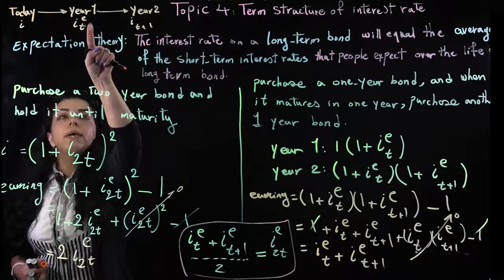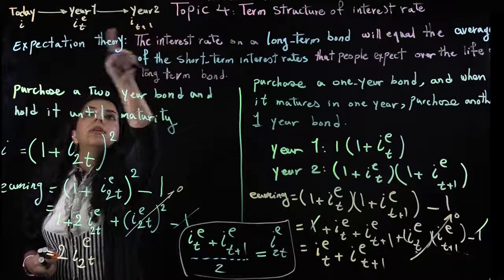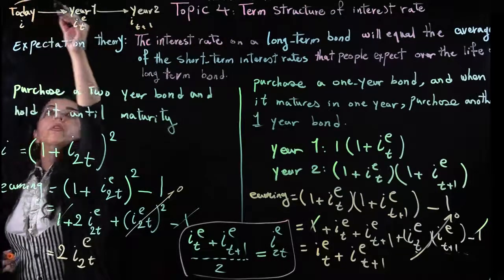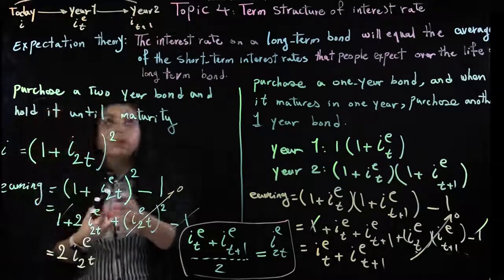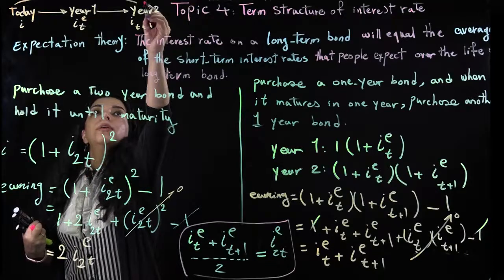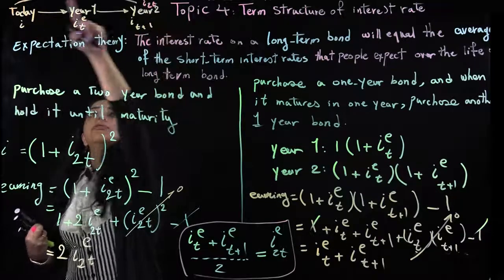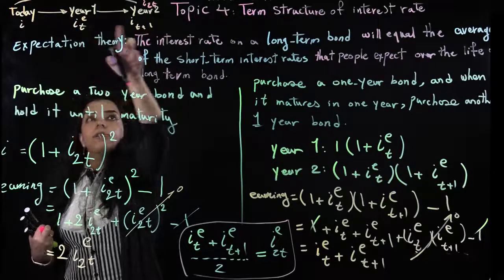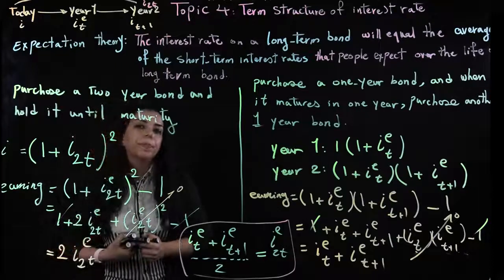Once we are here, we expect another short-term interest rate. That's why we call them short-term interest rates. But if we want to look overall at the interest rate for the long term, the interest rate of a 2-year bond, we show it with i_2t. And the interest rate of a 2-year bond is equal to the average of the interest rate over the period of 2 years.